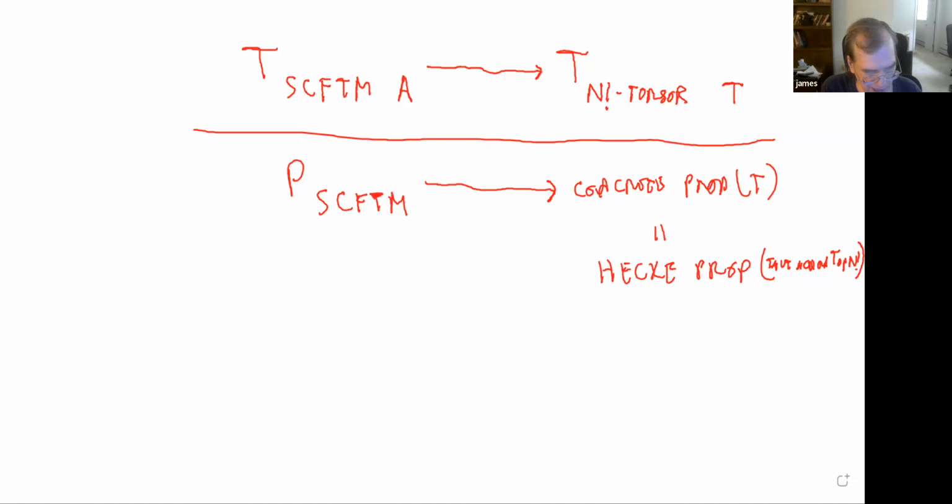But roughly the idea is that a Hecke algebra is an algebra of Hecke operators. And Hecke operators are intertwiners, endo-intertwiners on a permutation representation of a group.